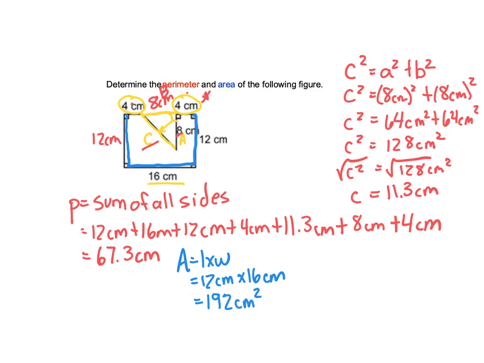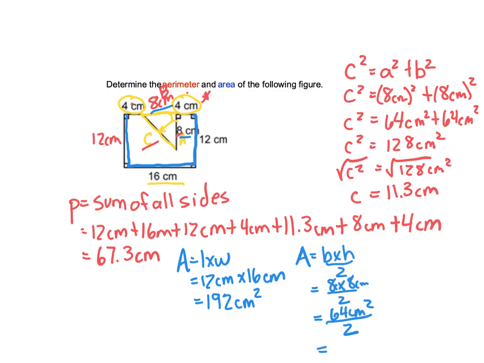Now the triangle is kind of easy because it's base times height. We know it's 8 and 8. So A equals base times height divided by 2, which equals 8 times 8 divided by 2, which would be, it should be centimeters and centimeters. So that would be 64 centimeters squared divided by 2.